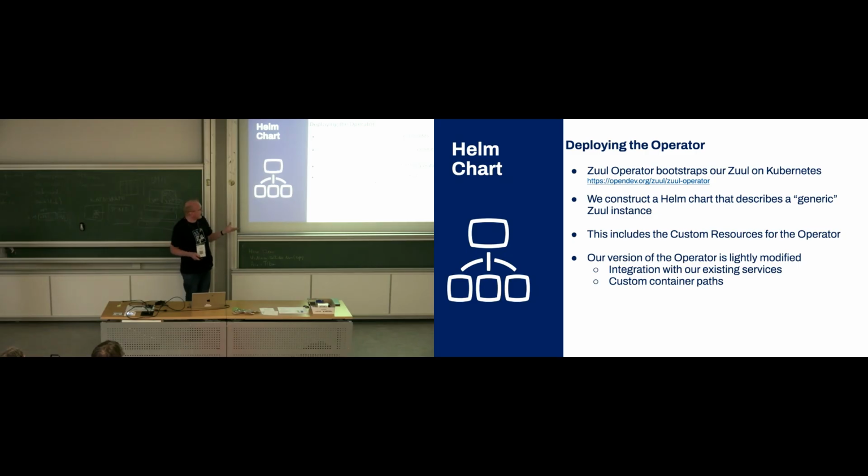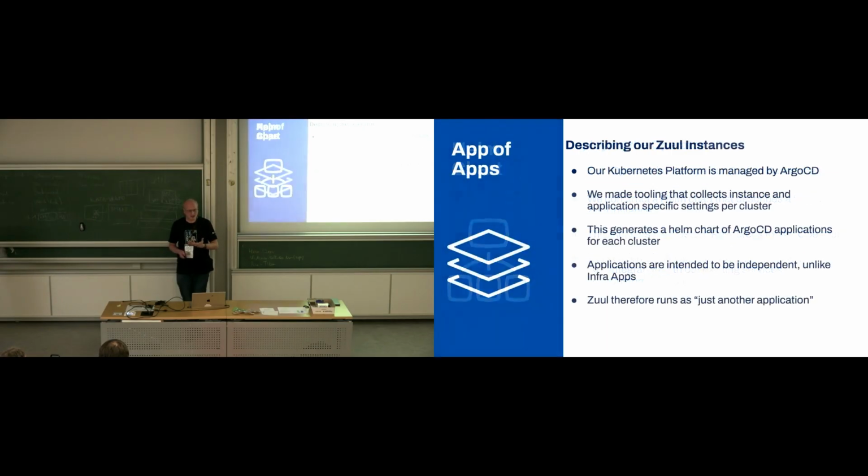We wrote a Helm chart for the Zuul operator because Argo CD installs it using Helm, and then obviously we take the Helm chart and fill in the values for the specific instances that we want to run. And that we package up again into the App of Apps Helm chart.